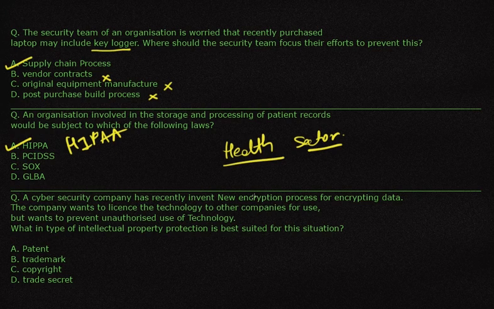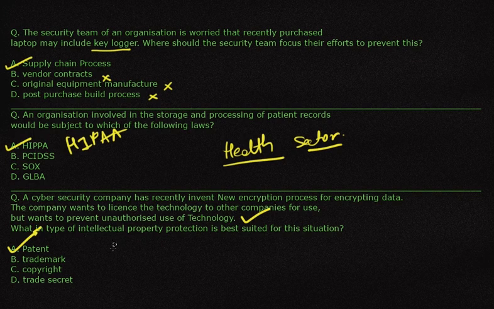A cybersecurity company has recently invented a new encryption process for encrypting data. The company wants to license their technology to other companies for use, but wants to prevent unauthorized use of the technology. What type of intellectual property protection is best suited for this situation? The correct answer is patent.